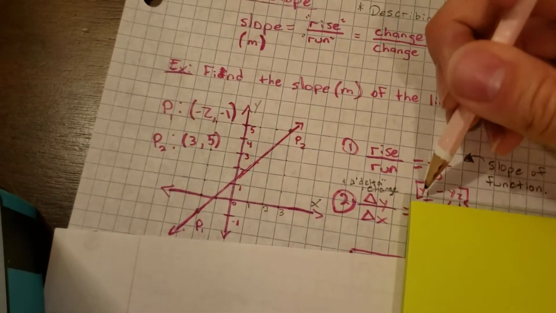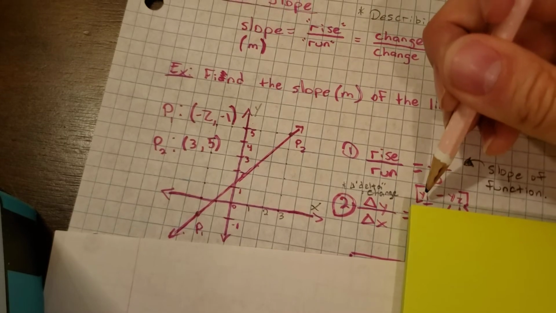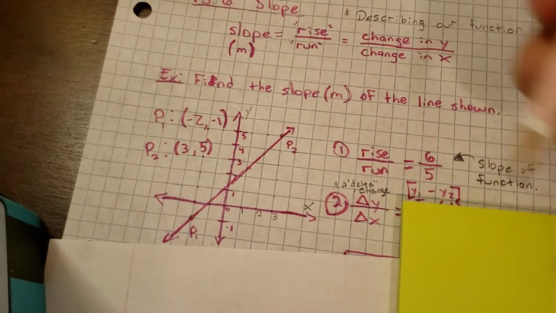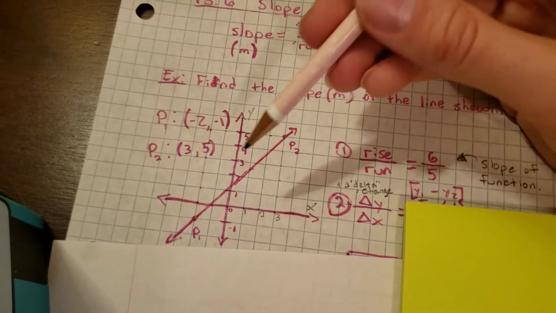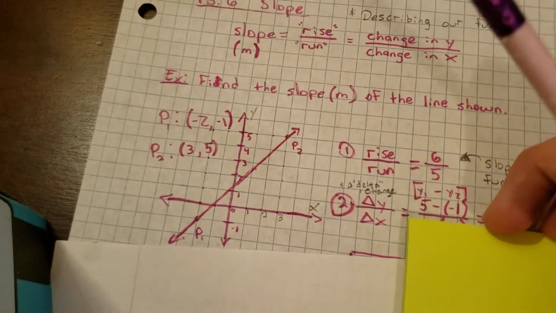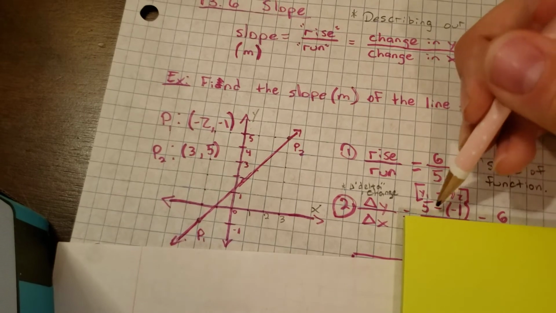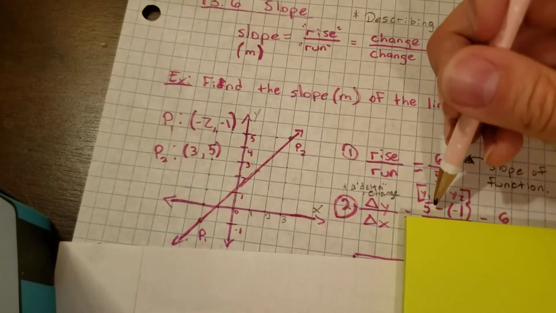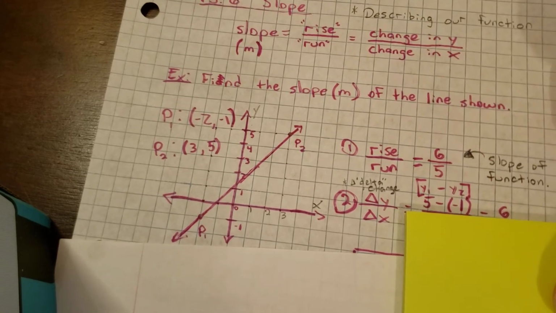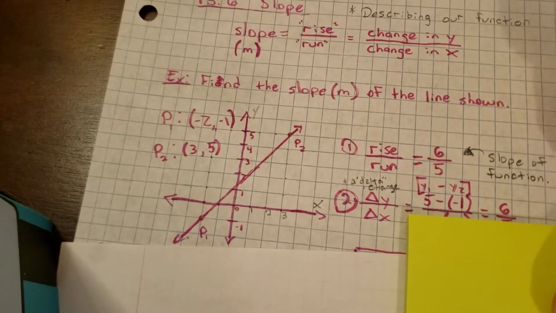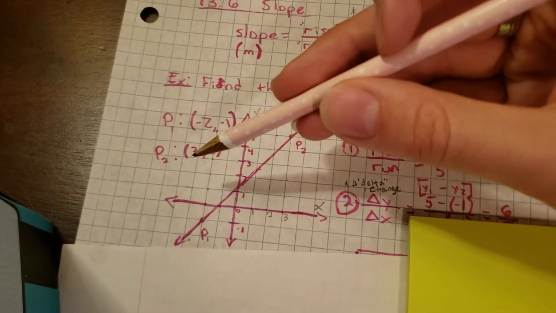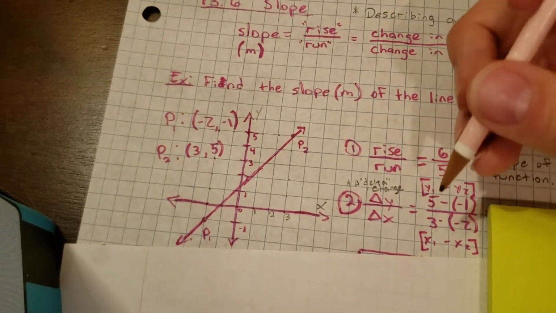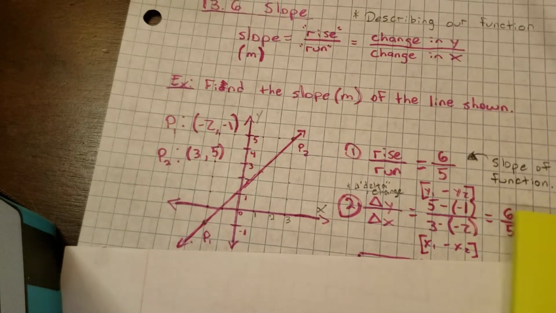So what I'm going to do is I'm going to subtract y2 minus y1. So my y1 is -1, so 5 minus -1, right? So I'm subtracting this minus that. 5 minus -1 is +6. And then 3 minus -2 is going to be +5.